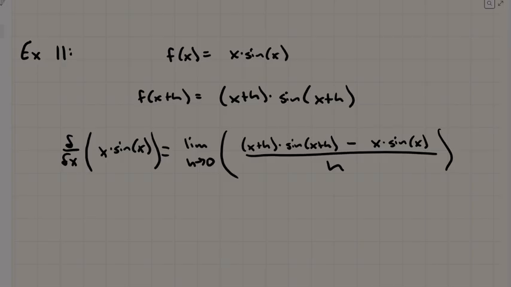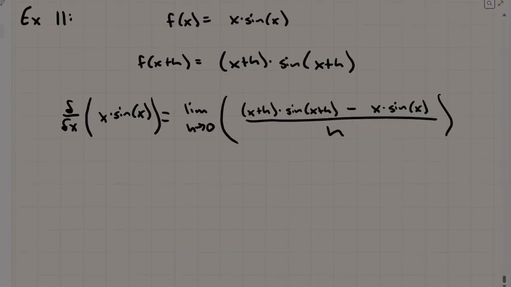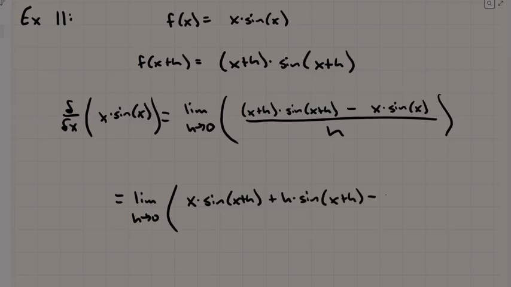Okay. Let's see. So we need to figure out what's going on in the numerator. So let's go ahead and expand out that x plus h times sine of x plus h as x sine of x plus h plus h times the sine of x plus h minus x times the sine of x, all divided by h. Okay.